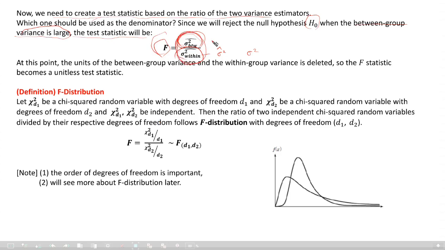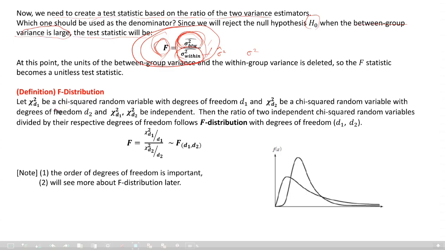Then the unit is eliminated. At this point, the units of the between group variance and the within group variance are the same, so the F statistic becomes a unitless test statistic. Okay, get it? I think it is a very interesting idea and topic.